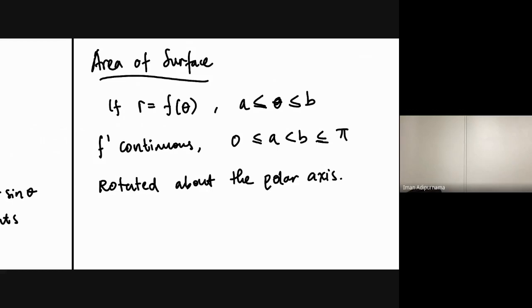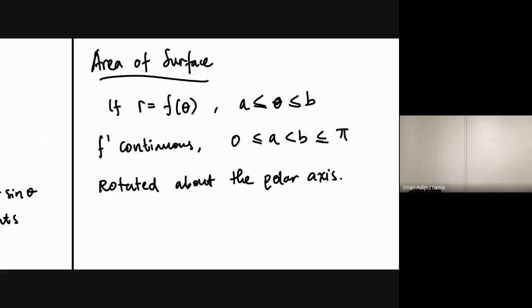Like the other case in parametric, it's also stated that the curve needs to traverse or move at least once. If the graph turns backwards, when you rotate, it will be ugly and difficult to find the surface area.